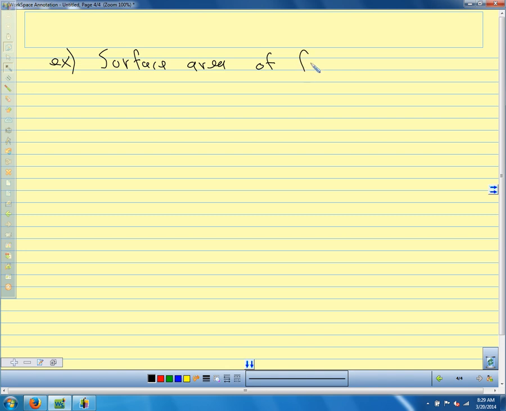f of xy equals 10 plus 2x minus 3y, and our region is the portion of the xy plane such that x squared plus y squared is less than or equal to 9.